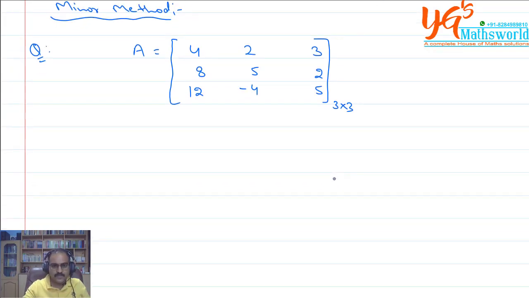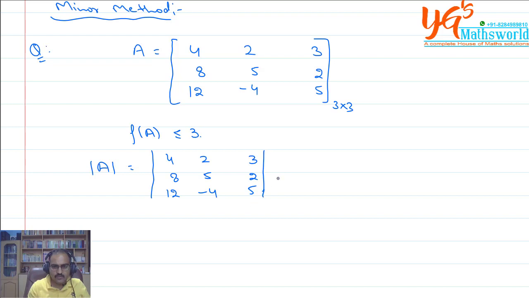So one thing is clear: rank of this matrix A is less than or equal to 3. Now in the minor method, first of all I need to find the determinant of the given matrix. So determinant of A is equal to the determinant of [4, 2, 3; 8, 5, 2; 12, -4, 5].